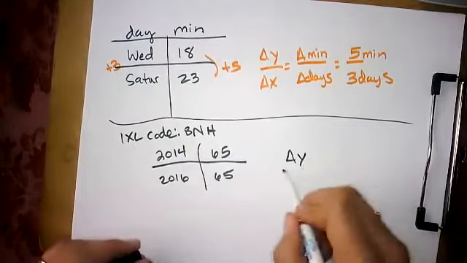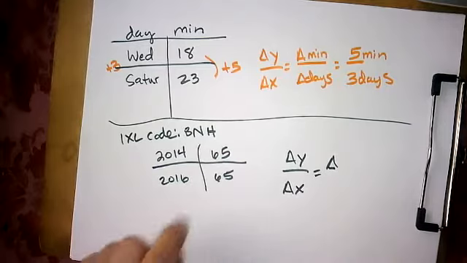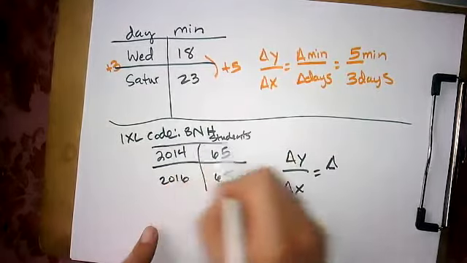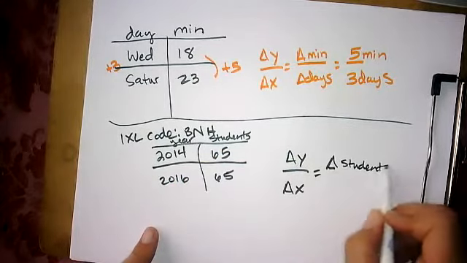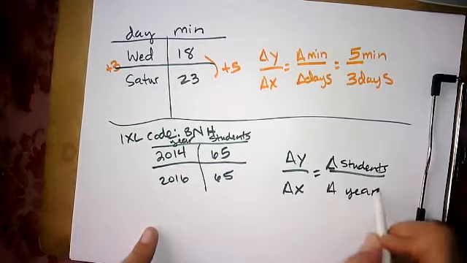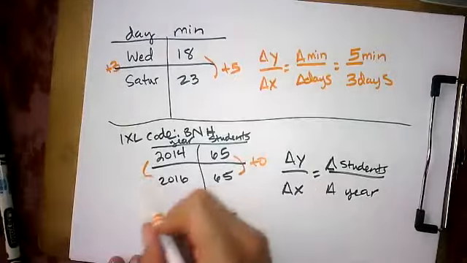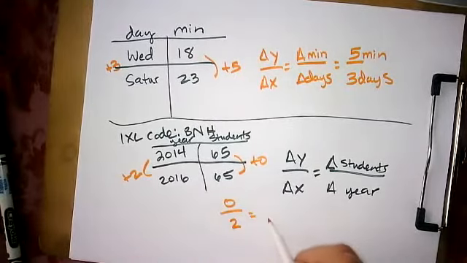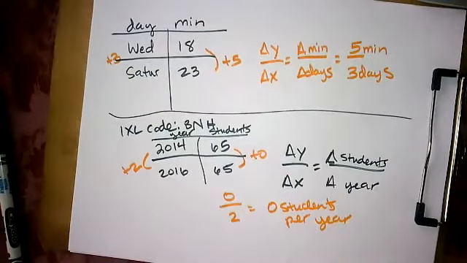If I think again about the change in y over the change in x, that's really the change in students per year. This doesn't change at all, and this changes by 2. So it's 0 over 2, which means it's changing by 0 students per year, according to those two data points.